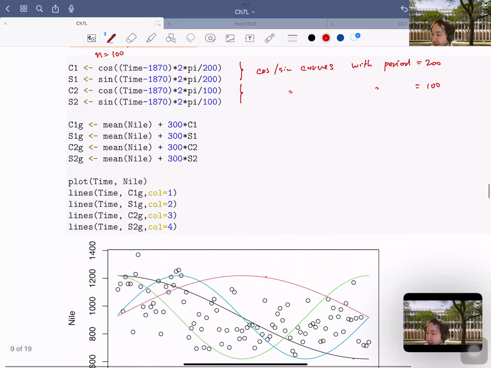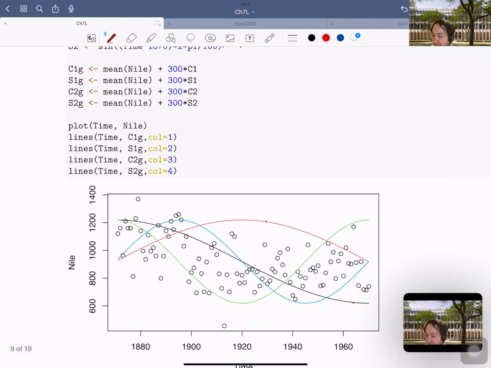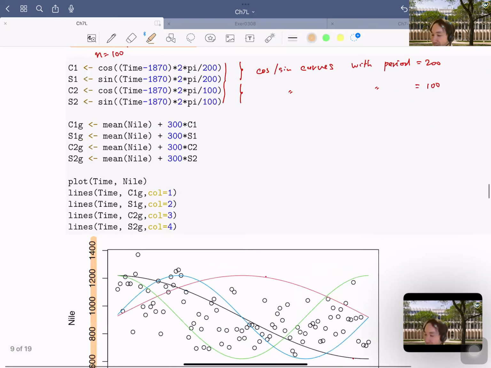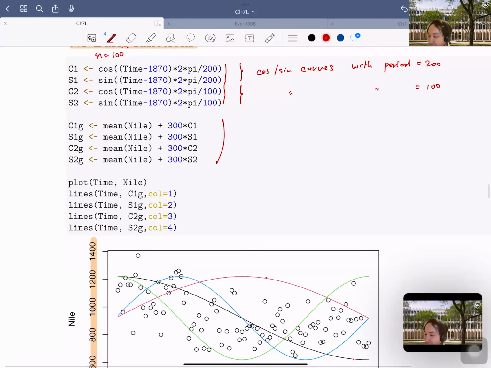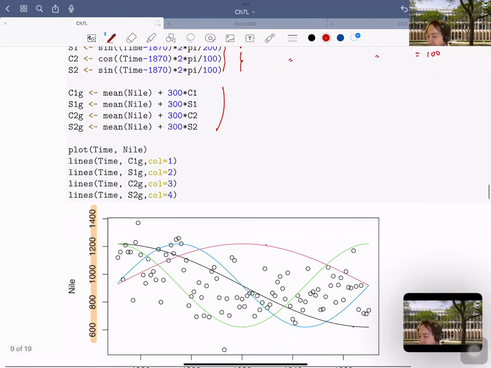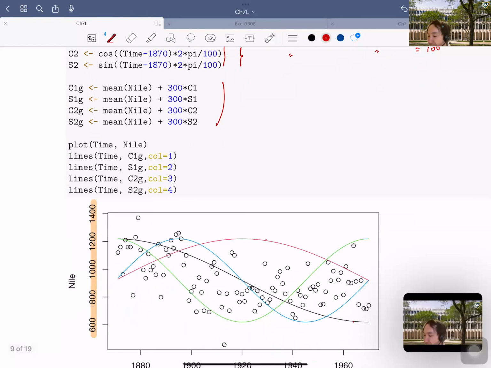But the mean value is 0 for this function, and also the maximum is 1 and the minimum is -1. So that does not capture this range. So I artificially add some values. So I multiply by 300 and add the mean Nile River level.